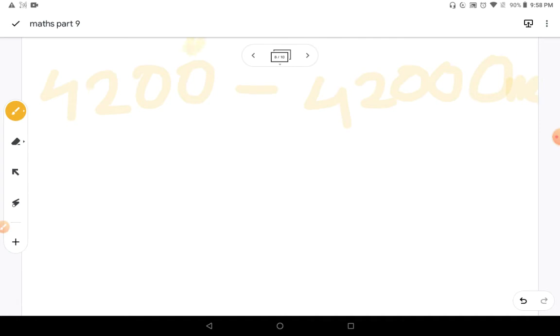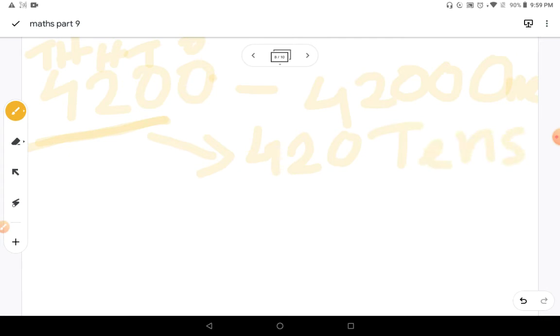Now, can you represent this in tens terms? Yes, you can, because the ones place is 0. Since the ones place is 0, you can represent this in tens terms. So this is 420 tens.